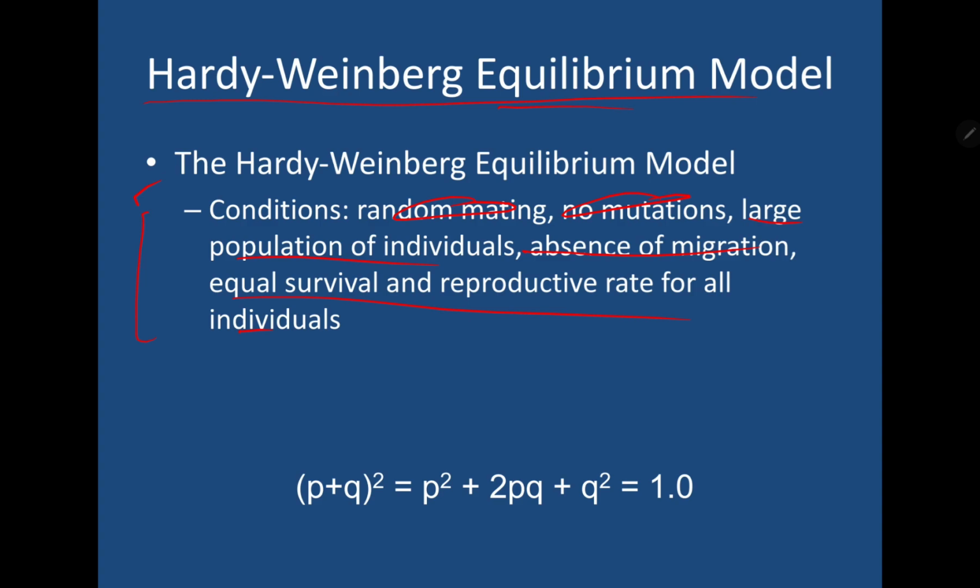So basing it on these 5 conditions, you'll notice that these almost never happen in nature all at once, right? So, if these never happen all at once, what's the point of the Hardy-Weinberg equilibrium model if the conditions are never met? Well, remember that this can be considered a null hypothesis.